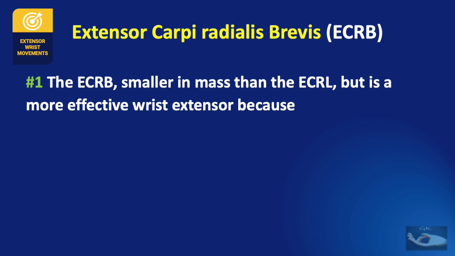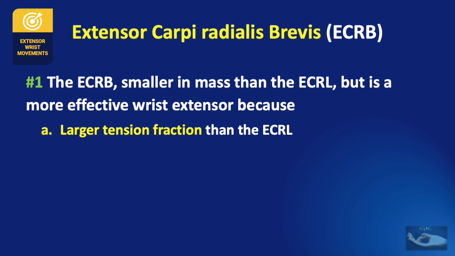Next, we shall see the features of the extensor carpi radialis brevis, the ECRB, which arises from the lateral epicondyle and is inserted into the base of the third metacarpal bone. The most important thing to remember about the ECRB is that though it is smaller in mass than the ECRL, it is a more effective wrist extensor because it has a larger tension fraction than the ECRL, meaning more power.